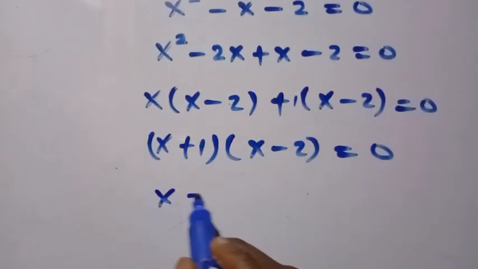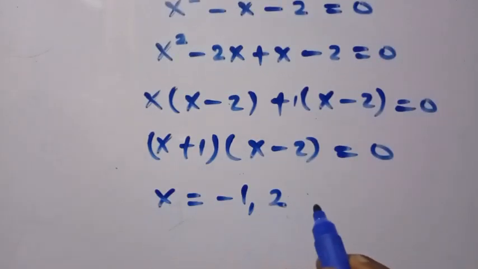Therefore (x plus 1)(x minus 2) equals 0, so x equals minus 1, 2. These are the first two real solutions for this equation.